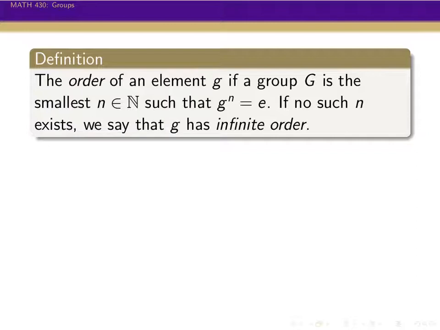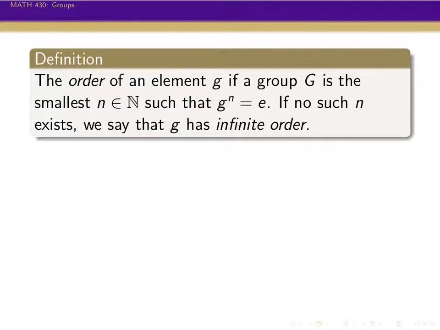So what if we want to talk about the order of an element? This is something that doesn't really apply to sets, so this is a different idea. The order of an element g in a group is the smallest n, the smallest natural number, such that when I apply that element to itself n times, I get back the identity.